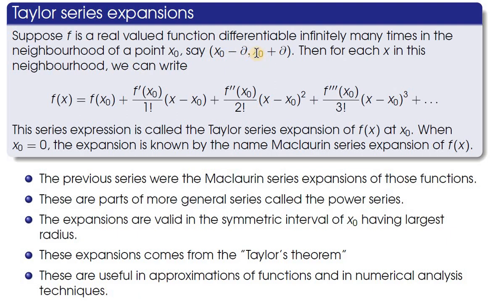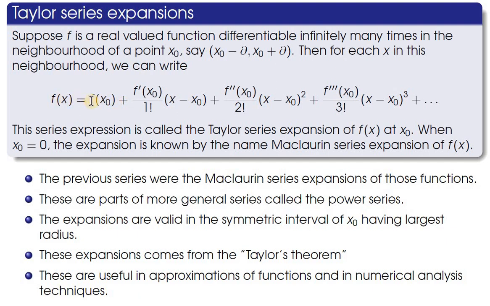That is, from x naught towards the right side we take delta distance, and towards the left side we take delta distance. So that neighborhood is considered, and the function must be differentiable an infinite number of times in this neighborhood. Then if you take any point inside this neighborhood, we can write f of x in terms of the values of the function as well as its derivatives at the point x naught.